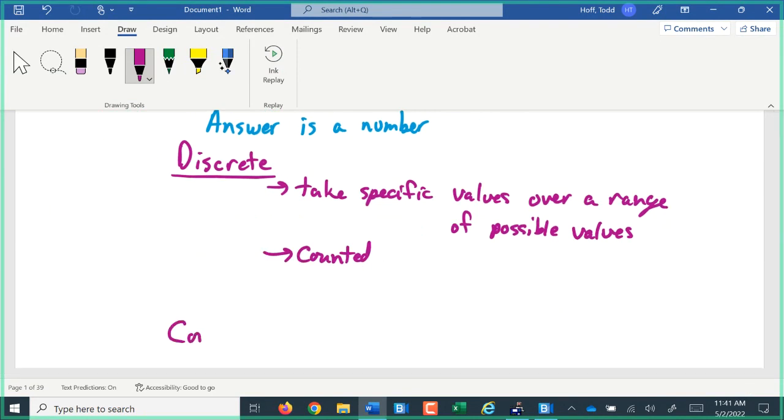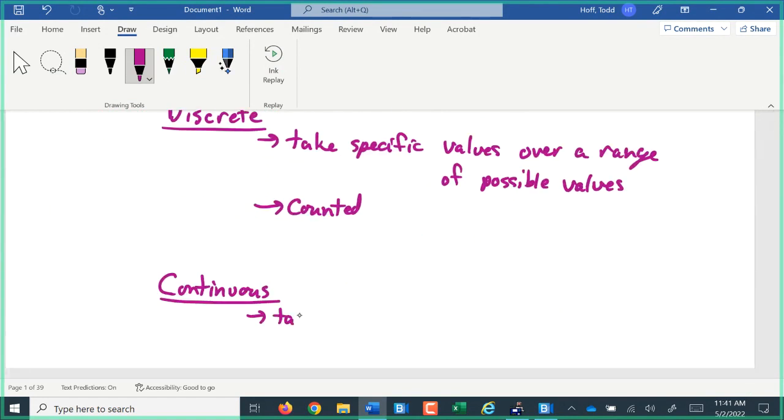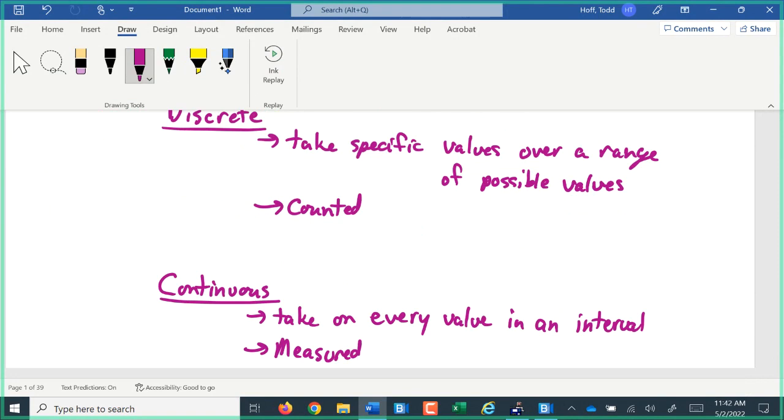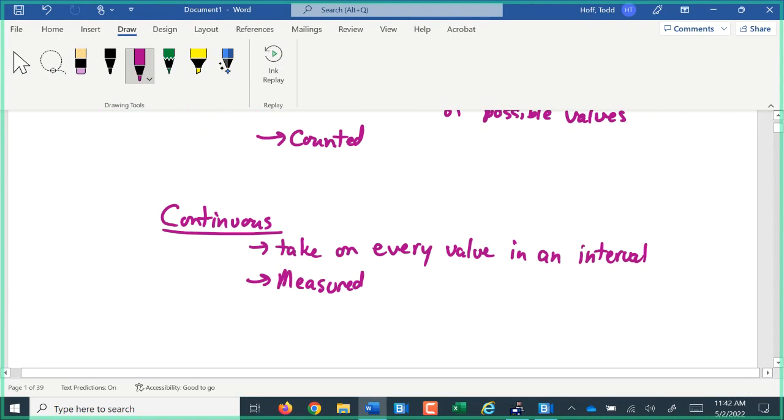And then there's something called continuous. Continuous numerical variables take on every value over a range or in an interval. Another way of looking at continuous values is they are measured. So a continuous variable, how long does it take you to complete your homework assignment?